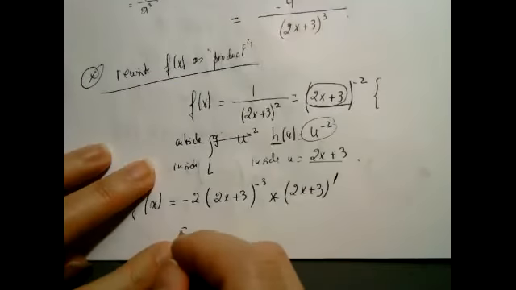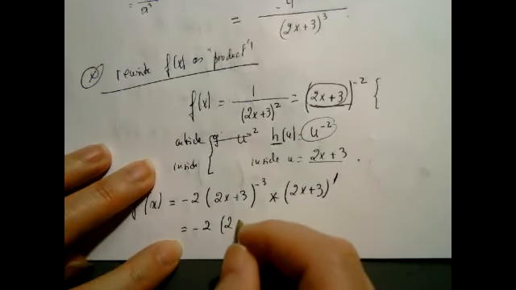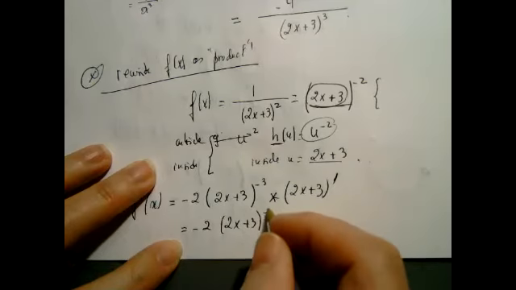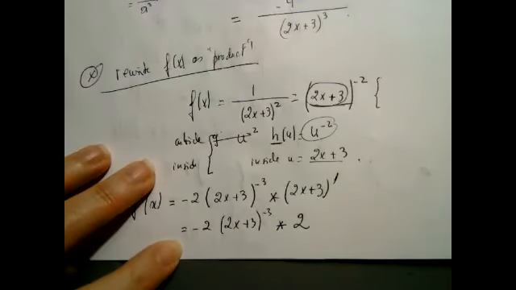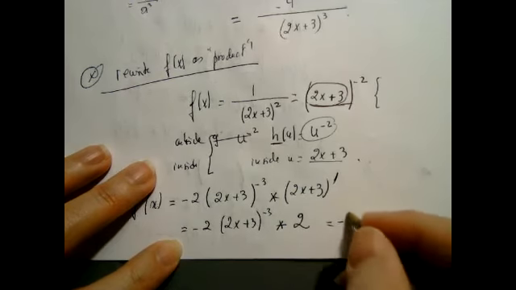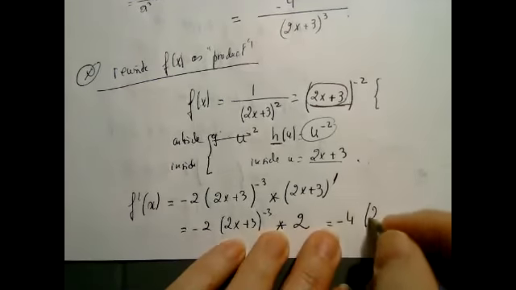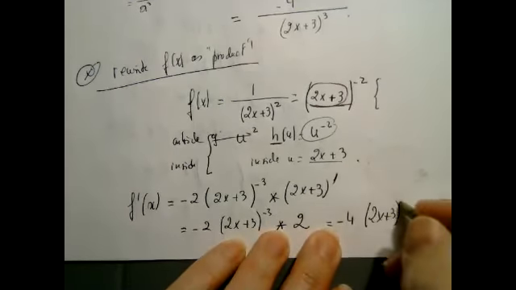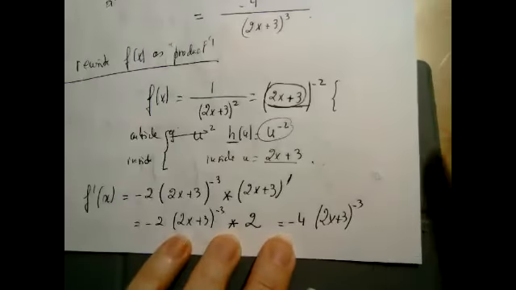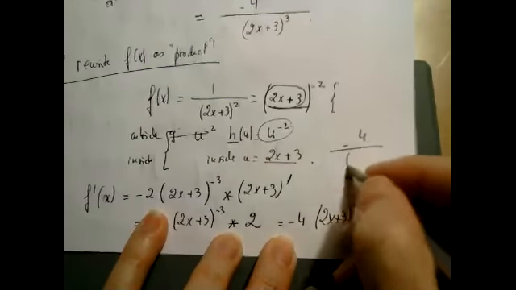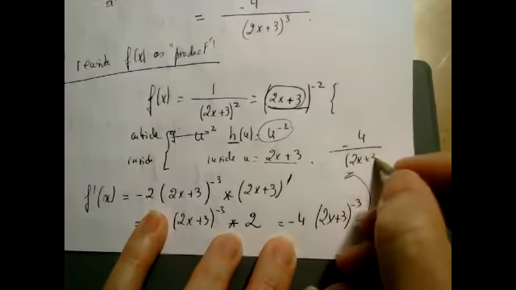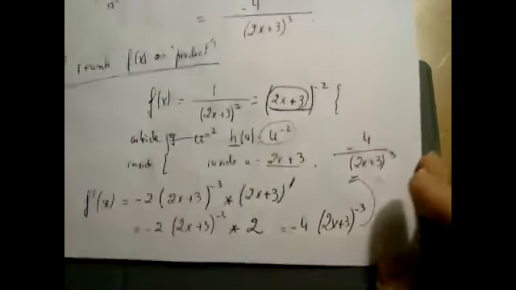Which is equal to minus 2, 2x plus 3 to the minus 3, and the derivative of 2x plus 3 is 2, which is basically minus 4, 2x plus 3 to the minus 3. This is the same as this over 2x plus 3 to the power 3.